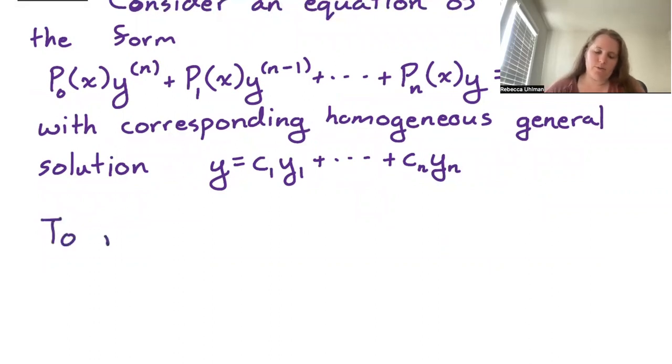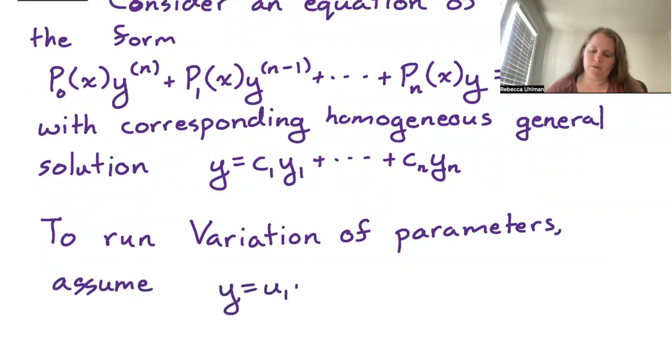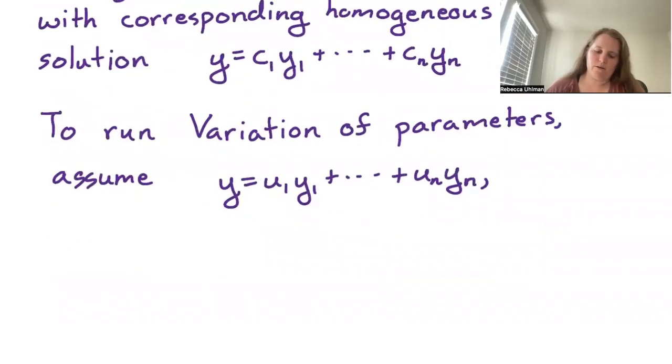So to run variation of parameters, we'll assume that y is equal to u1 y1 plus all the way up through un yn, where the ui are functions of x.